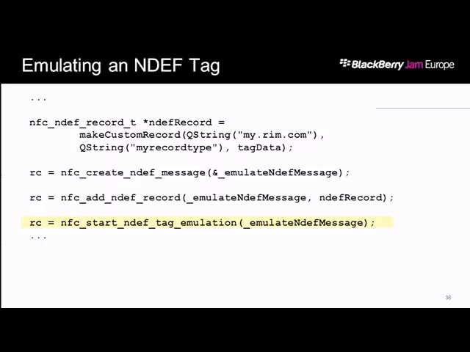Simply, you create the message, so the first three statements build up an NDEF message out of a record, content and payload, and you simply ask the NFC services on BlackBerry 10 to start emulation with that particular NDEF message. It's as simple as that, not very difficult.